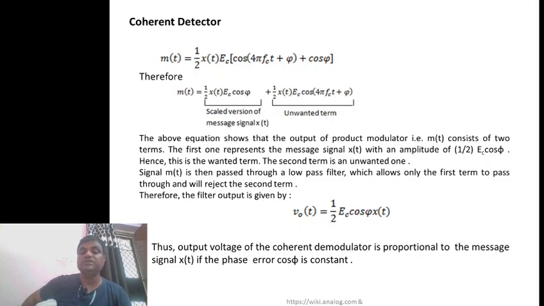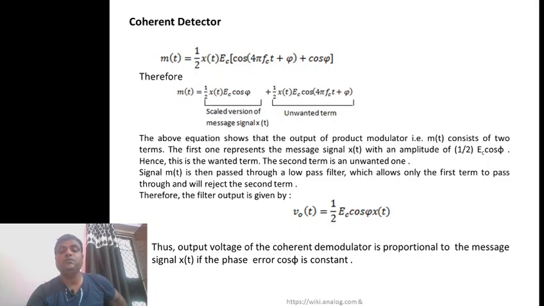One more thing: if we consider ideal signals and phi equal to 0, we know that cos phi equals 1. So it becomes V naught t equal to 1 upon 2 ec into xt. Here 1 upon 2 ec, or ec by 2, is a constant term, so it is basically a scaled version of the message signal xt.